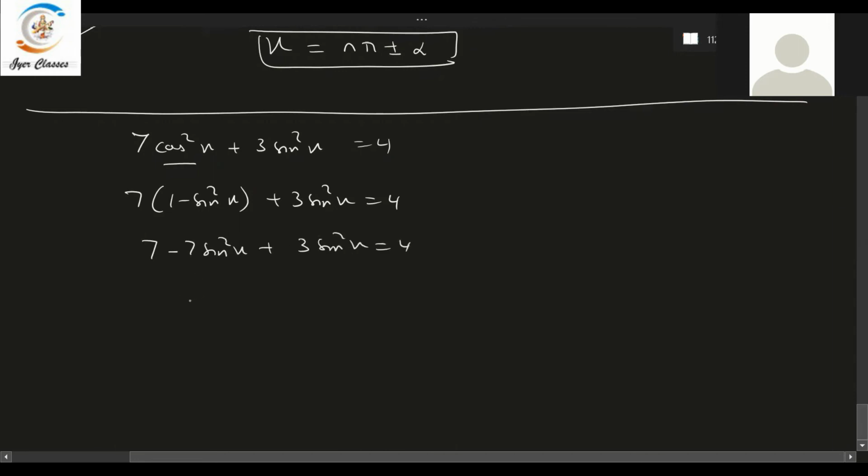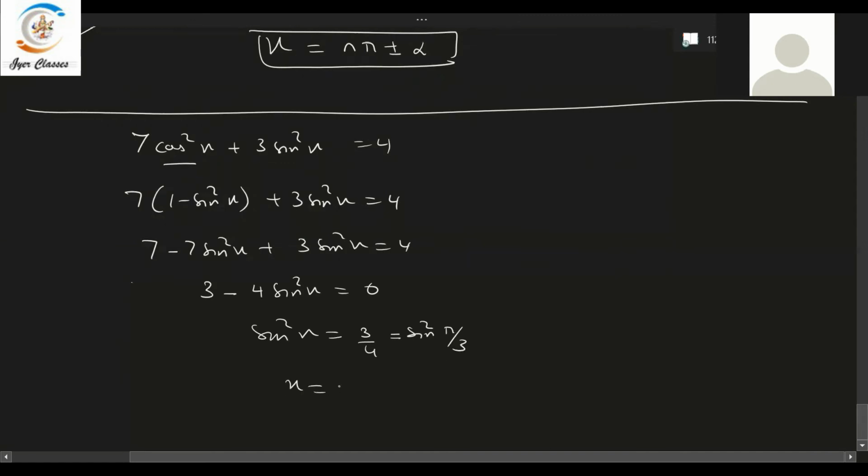Or you can write that 7 sine square x, तो ये कितना आ गया? माइनस आ गया ना? बोलो क्या आ गया? 7 minus 4, which is equal to कितना आ गया? 3 minus 4 sine square x is equal to 0, या sine square x is equal to बोलिए 3 by 4, which is equal to sine square pi by 3, right?